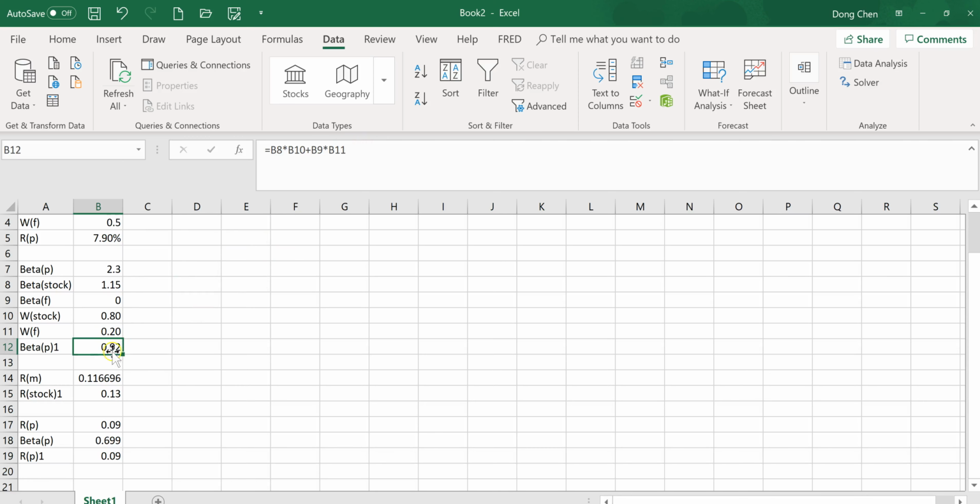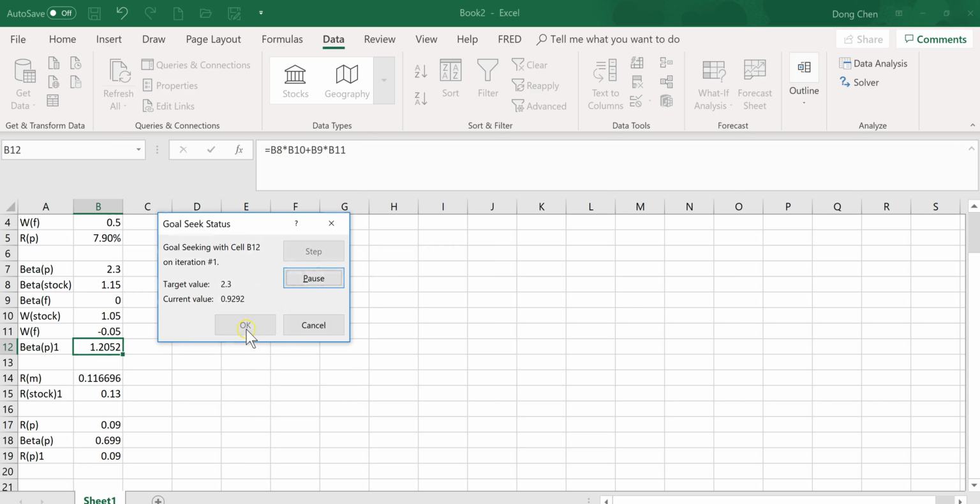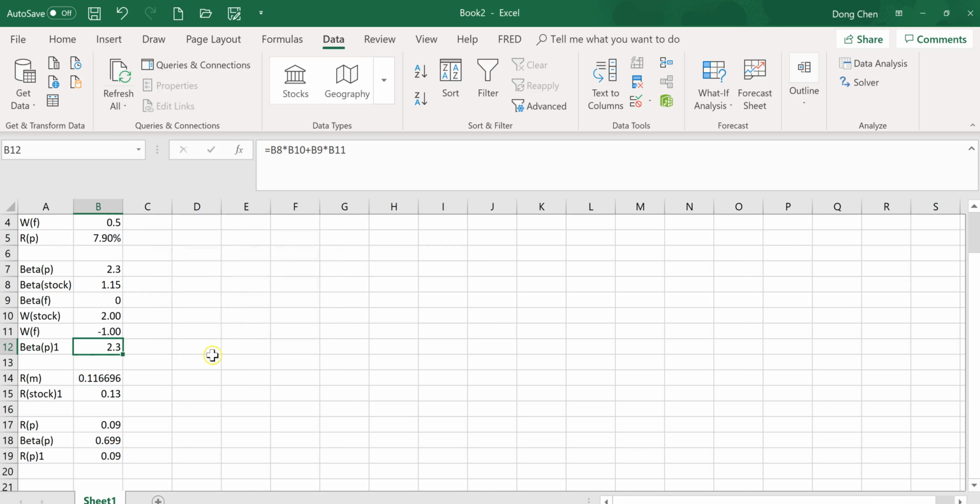So now I need to set this value not to be 0.92, but to be 2.3 by changing the cell, W stock. Okay, so you see that this becomes, relatively speaking, a weird number, right?